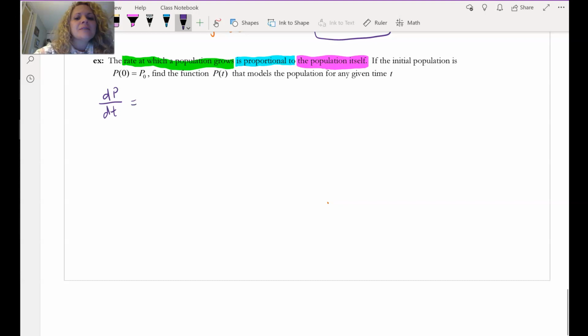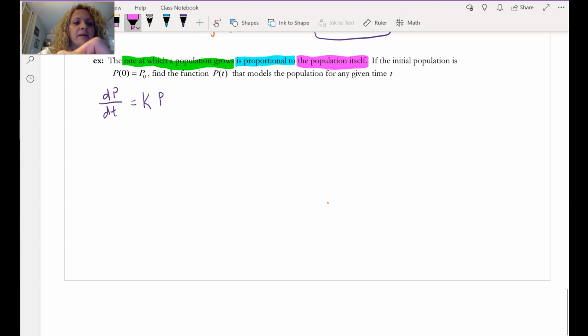When we say something is proportional to something else, it means that there's a constant of proportionality or a constant multiplier. So I'm going to let that constant be k, and then it's proportional to the population itself. So since P represents the population, it's proportional to P.